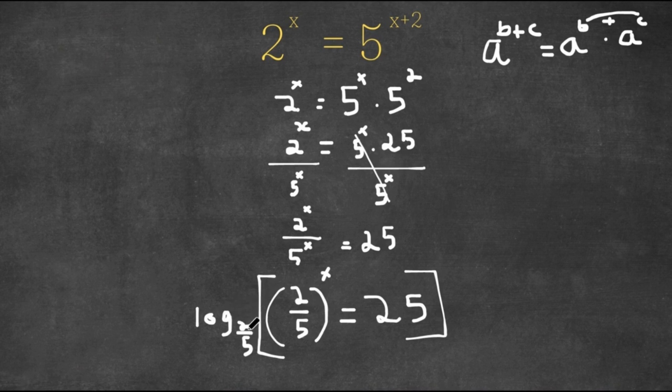Because this is base 2/5, these two are going to cancel out. So on our left-hand side, we have x equals, and on our right-hand side, we have log base 2/5 of 25.